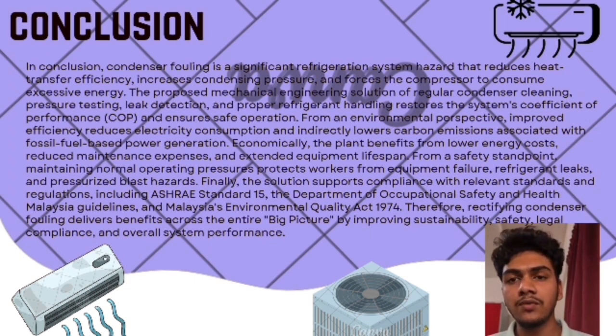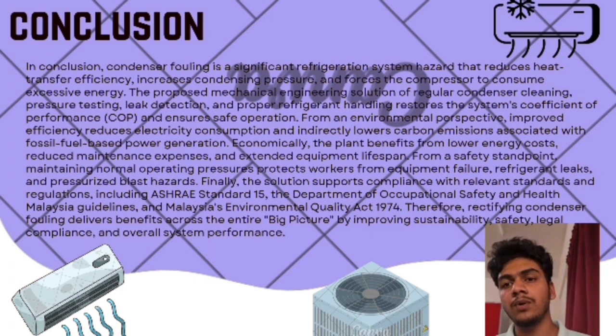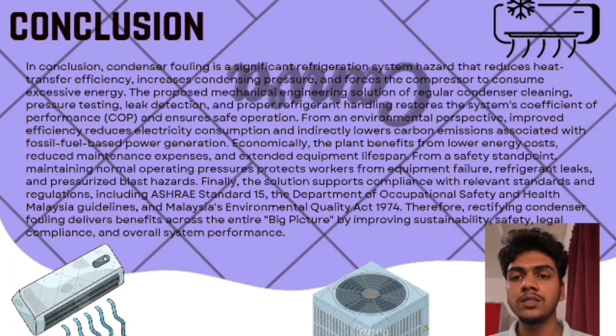They also enhance environmental sustainability by lowering electricity consumption and carbon emissions. Most importantly, they improve workplace safety and ensure compliance with Malaysian regulations. Therefore, rectifying condenser fouling benefits safety, efficiency, environmental protection, and overall system performance.